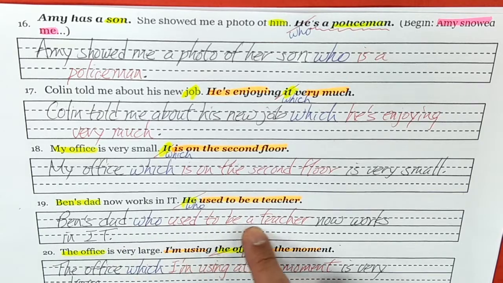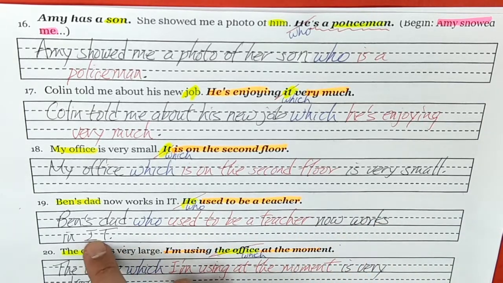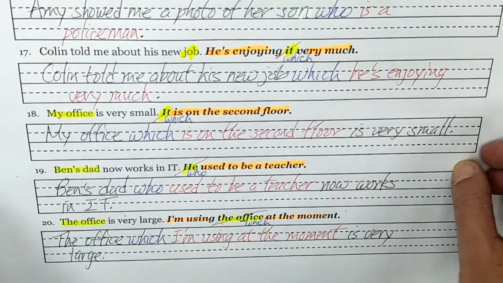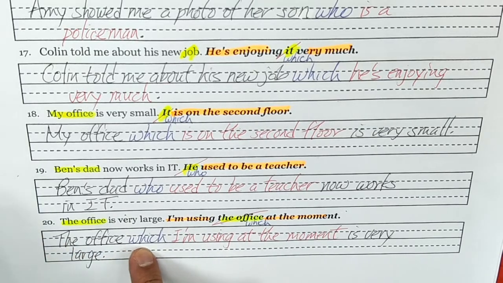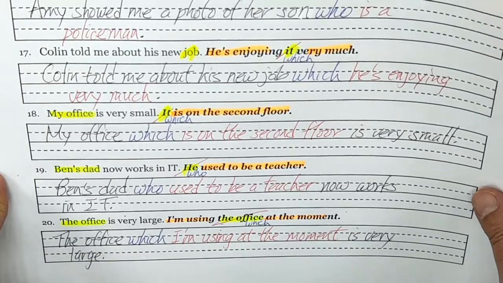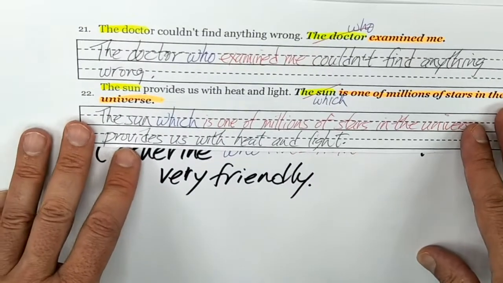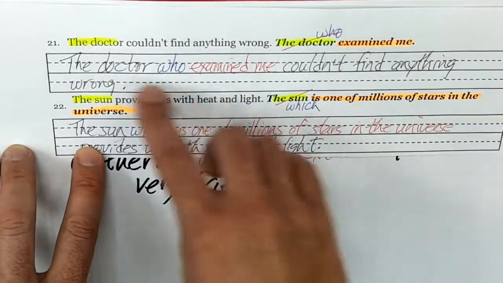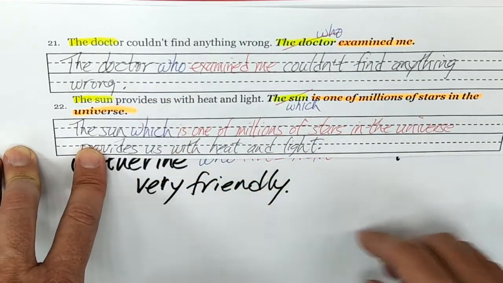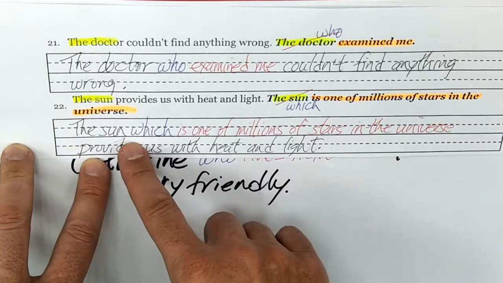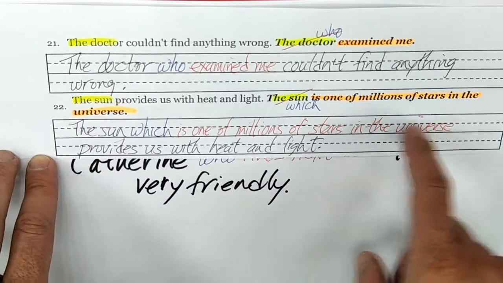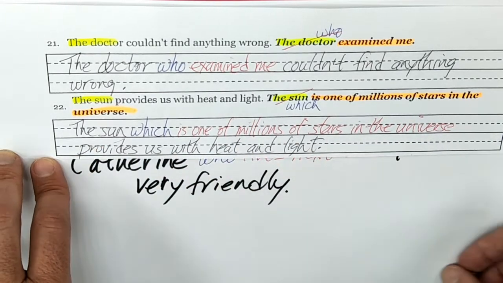Ben's dad, who used to be a teacher, now works in IT. 20. The office, which I'm using at the moment, is very large. 21. The doctor who examined me couldn't find anything wrong. 22. The sun, which is one of millions of stars in the universe, provides us with heat and light.